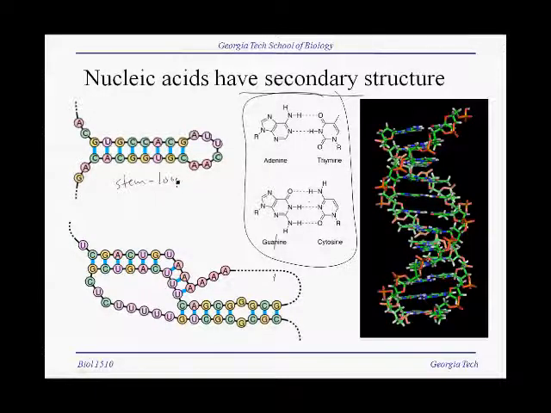One is a stem loop, and this more complicated structure is called a pseudoknot. Mainly, I just want you to be aware that nucleic acids do have secondary structure, and that the secondary structure is held together by hydrogen bonding between bases.